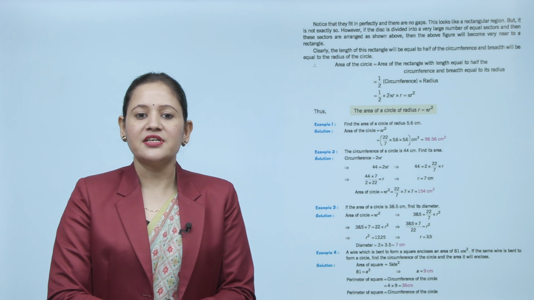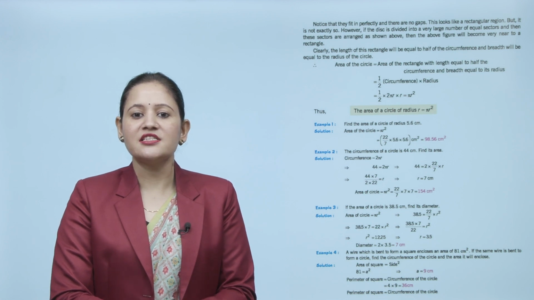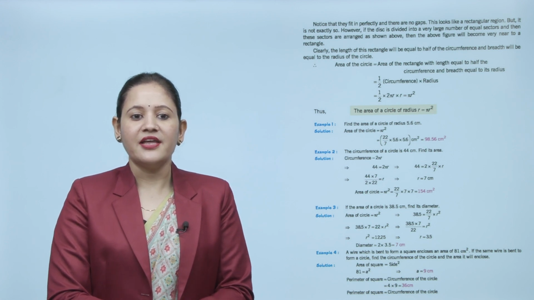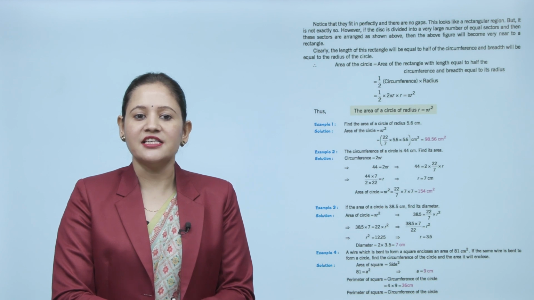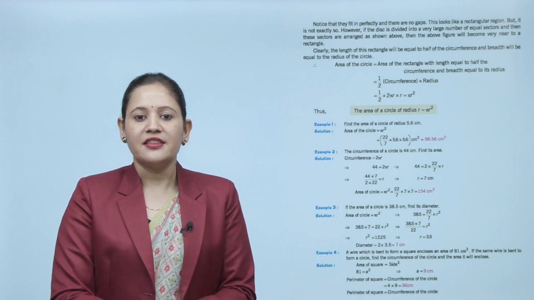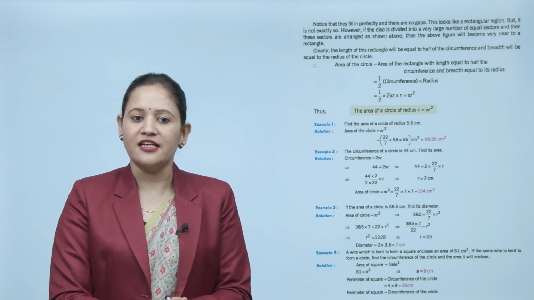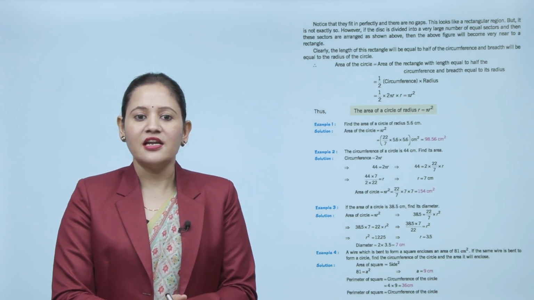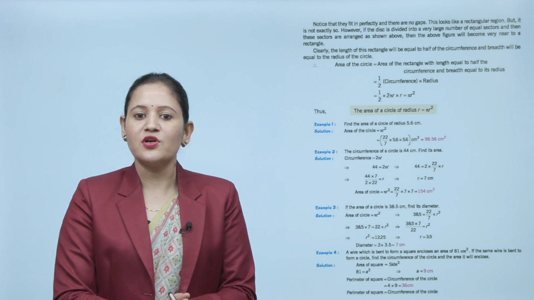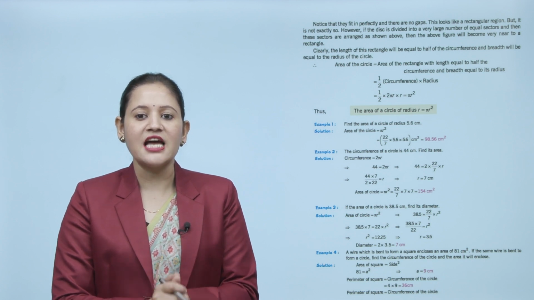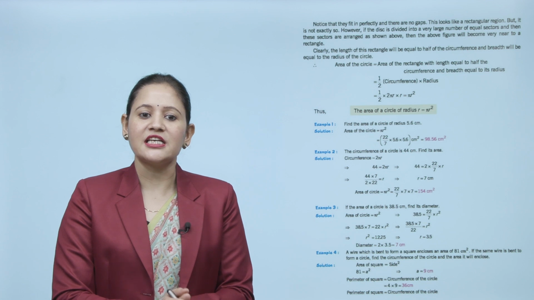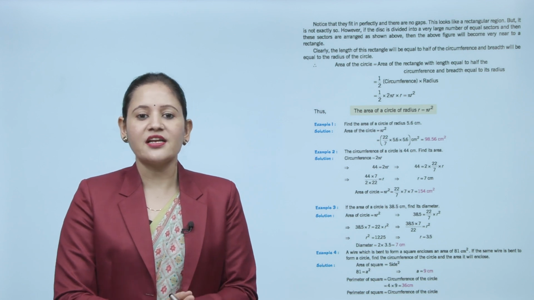However, if the disk is divided into a very large number of equal sectors and arranged as shown above, then the figure will become very near to a rectangle. Clear? The length of the rectangle will be equal to half of the circumference and breadth will be equal to the radius of the circle. So what will the area of the circle be?